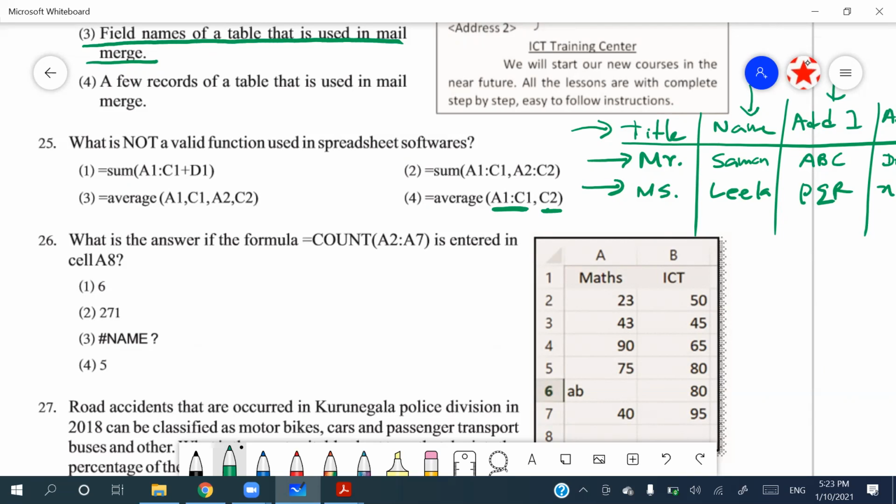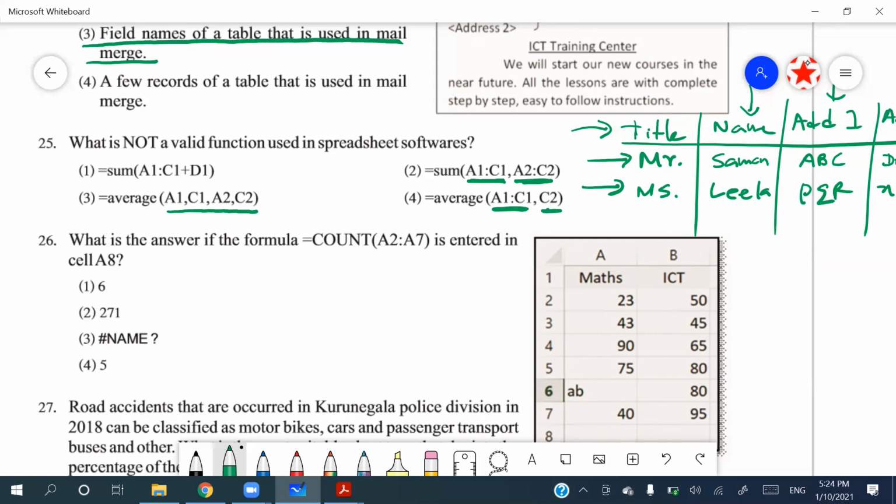The second one, A1 colon C1, A2 colon C2, is two separate ranges, again separated by a comma, which is valid. Equal average A1 comma C1 comma A2 comma C2 gives individually those cells, 4 separate cells, not a range, which is valid.